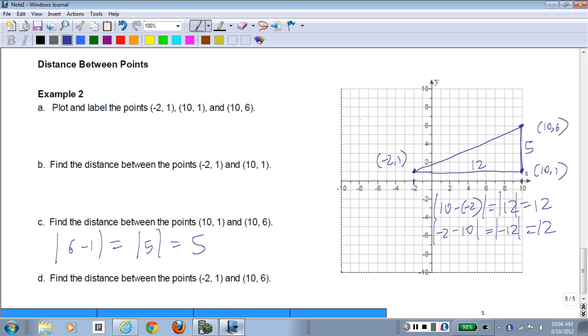and then what we really are interested in, the distance between (-2, 1) and (10, 6). How does having the 12 and the 5 help us find the distance between (-2, 1) and (10, 6)? Like rise over run or something.